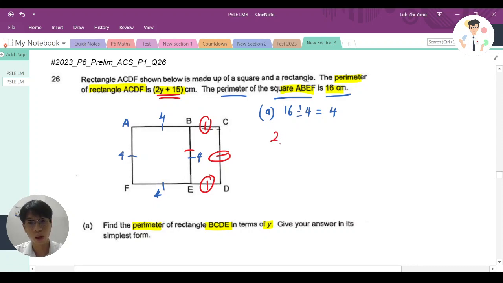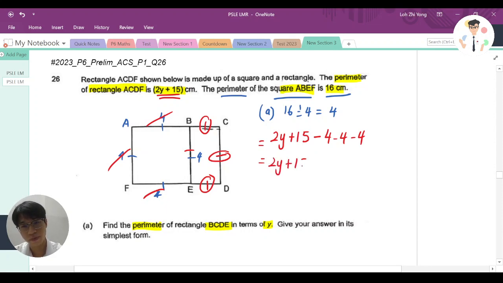So 2y plus 15, I can minus 4 for how many times? I don't want this, I don't want this, I don't want this, so I'll minus 3 times. 4 plus 4 plus 4 is 12, okay? So you get 2y plus 15 minus 12, so it will be 2y plus 3.